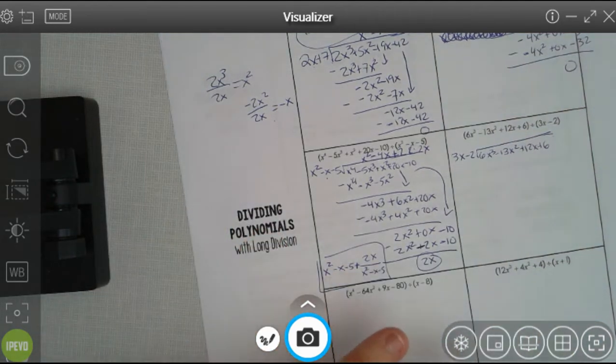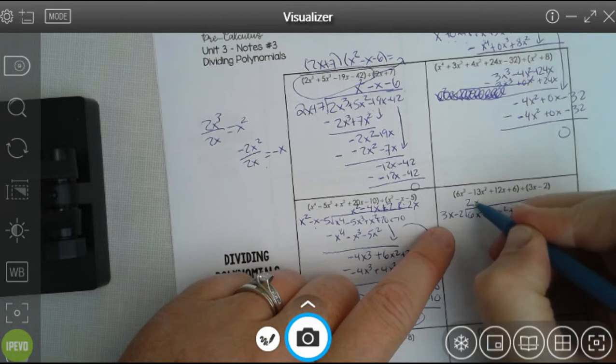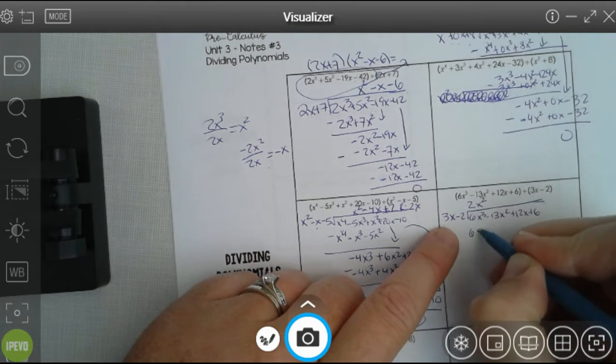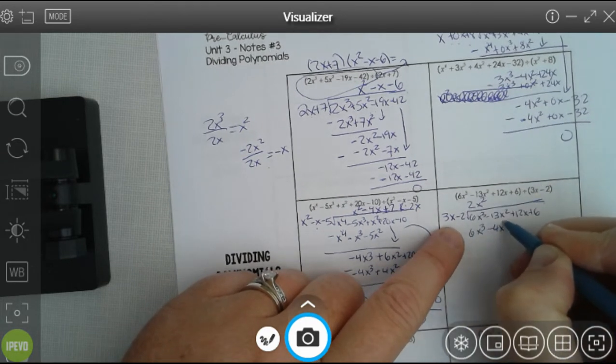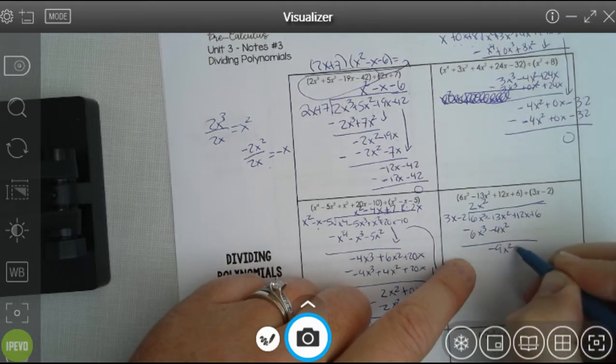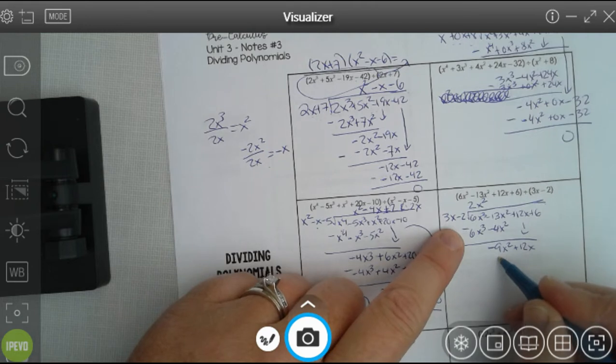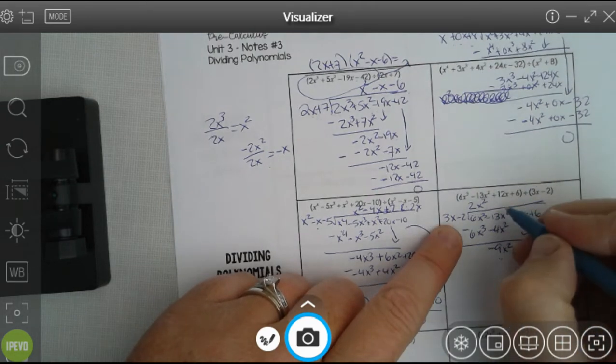So we're going to try another one with a remainder. Divide my two terms here. I get 2x squared. Subtract them. I brought down that term. Divide 9x squared divided by 3x.